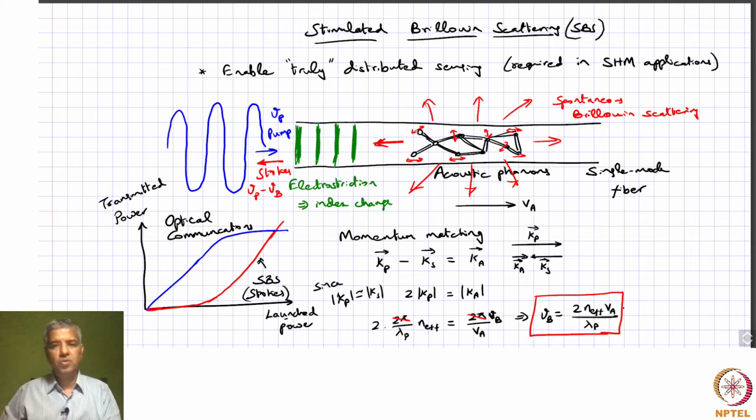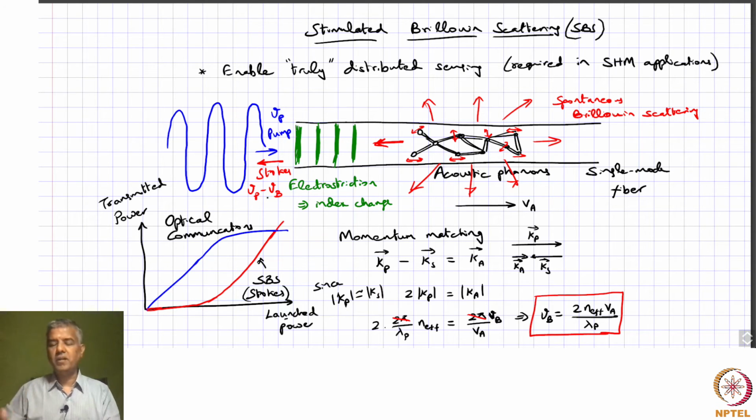So, that is how we can use it as a sensor, because whenever this optical fiber is exposed to strain or temperature, that change in strain or temperature will constitute a change in the density of the material, and if the density of the material is changing, the local acoustic velocity is now going to change, and that means the backscattered frequency from that region is now going to be different. So, nu b is going to be different depending upon strain or temperature.